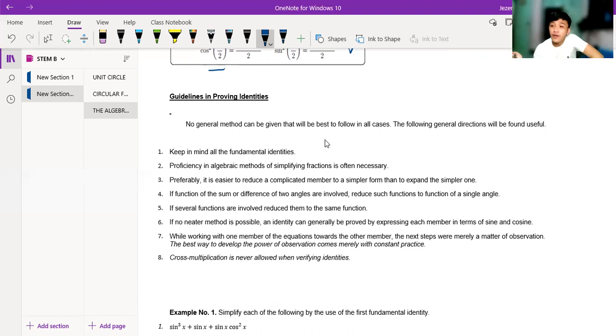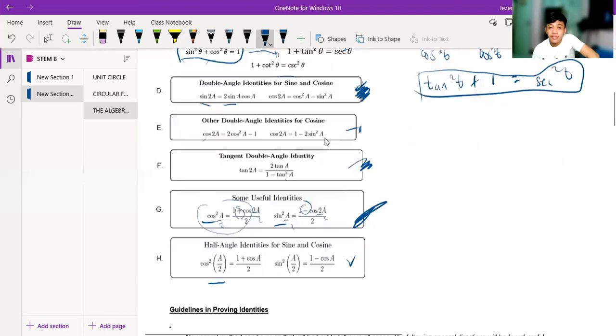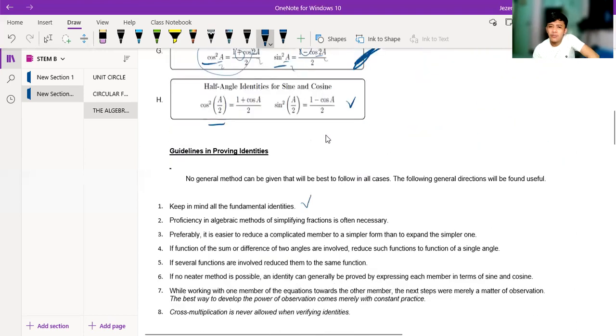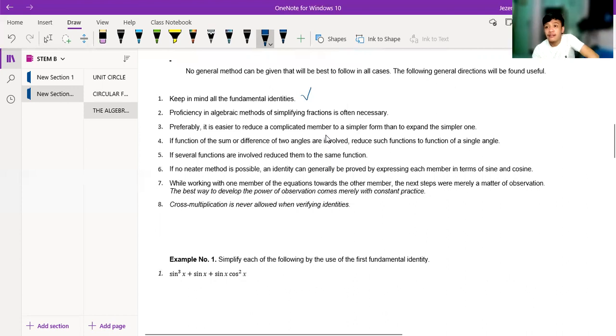Okay? First, keep in mind all the fundamental identities. So, keep these down. When you practice, you can memorize these. Then, go on. Proficiency in algebraic methods of simplifying fractions is often necessary. Okay? So, you treat them as algebra. That is better.